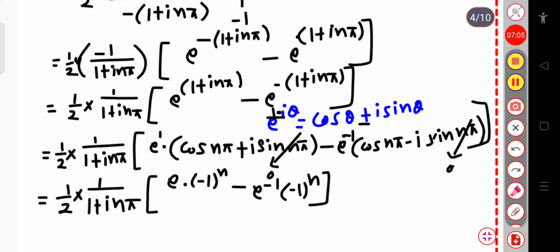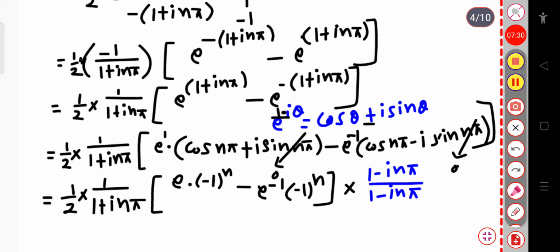Since the term 1 plus i n pi is present here, I will multiply its complex conjugate in the denominator and numerator, that is 1 minus i n pi divided by the same term, 1 minus i n pi. Now this is equal to 1 by 2 into, taking minus 1 power n common from the bracket, e minus e power minus 1.